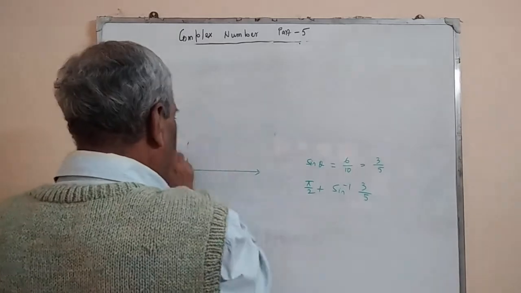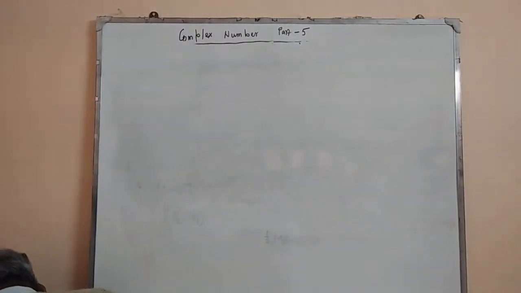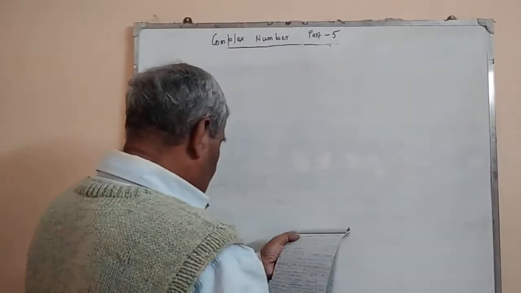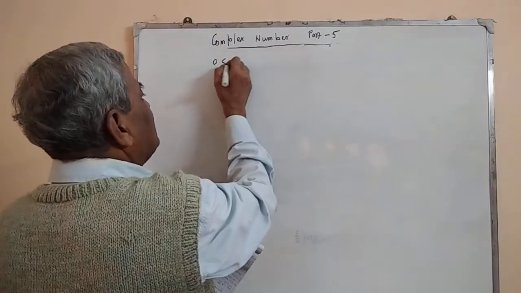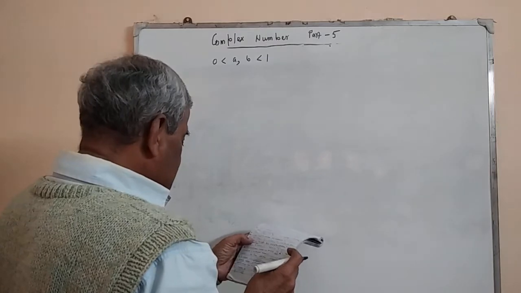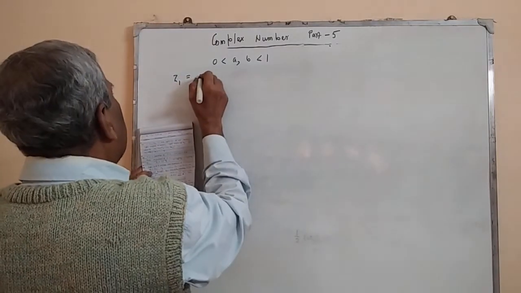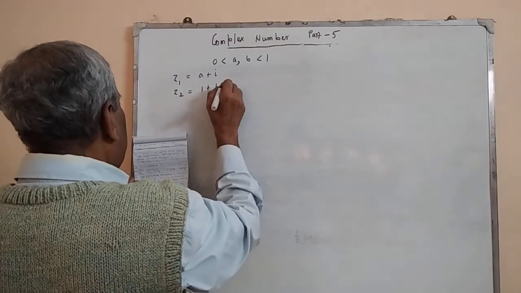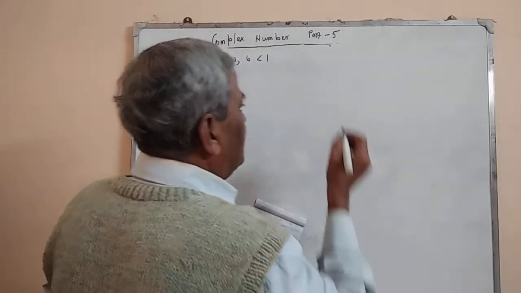Next problem. Let A and B be two real numbers such that 0 is less than A, B less than 1, such that Z1 is equal to A plus i, Z2 is equal to 1 plus Bi, and Z3 is equal to 0 form an equilateral triangle like that.